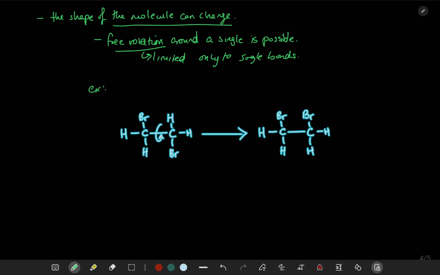This is a molecule called dibromoethane. Here we have all single bonds, and this single bond specifically between the two carbons confers the ability for the molecule to freely rotate.